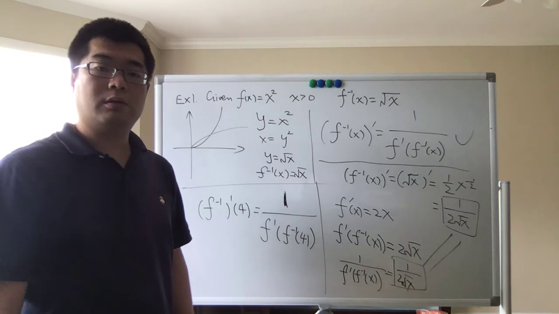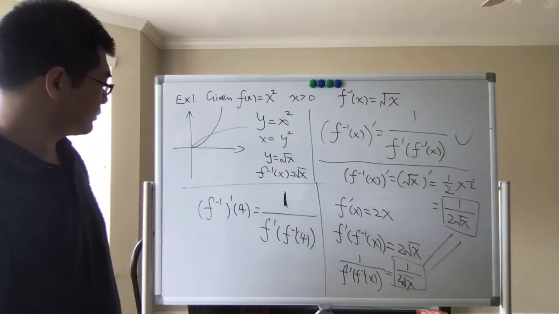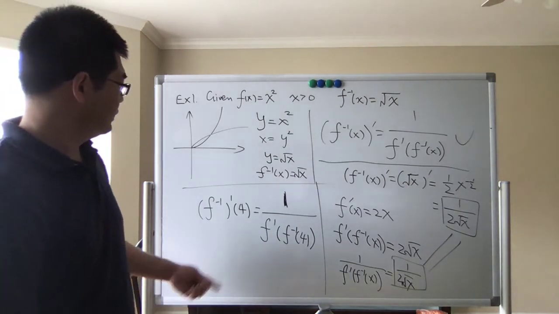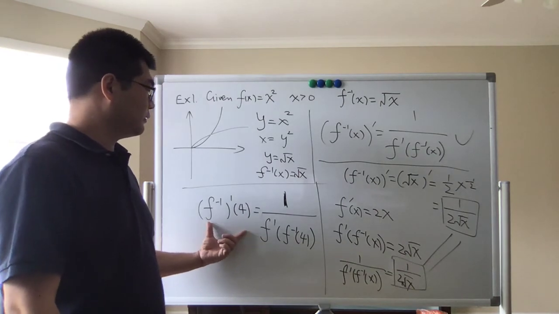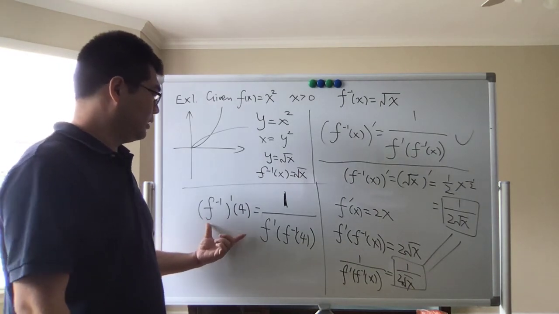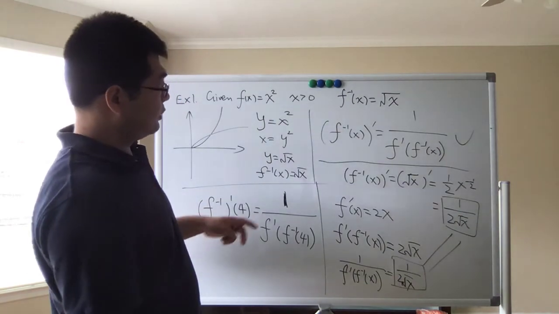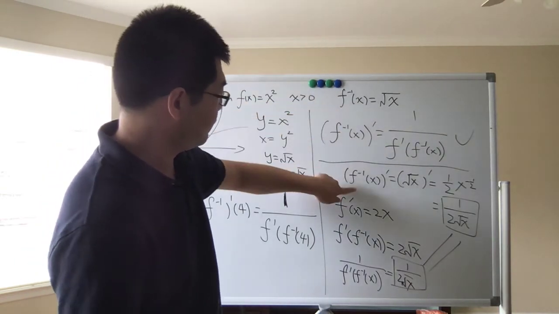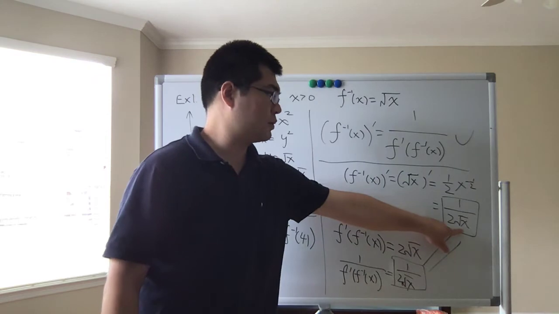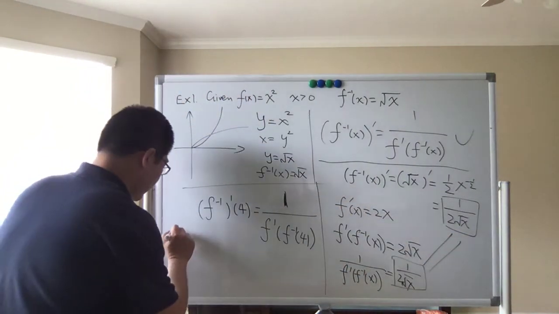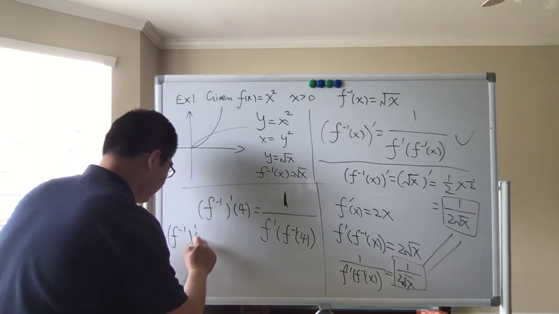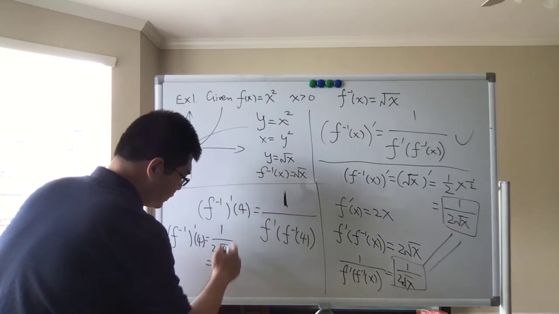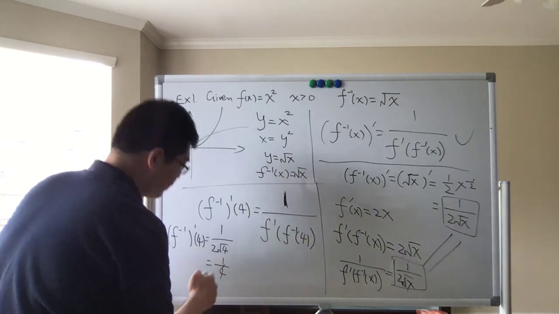So first of all, let's verify the left-hand side. We already know the derivative of f inverse is 1 over 2 square root of x. So evaluated at 4, it equals 1 over 2 times square root of 4, which is 1 over 4, because square root of 4 equals 2.